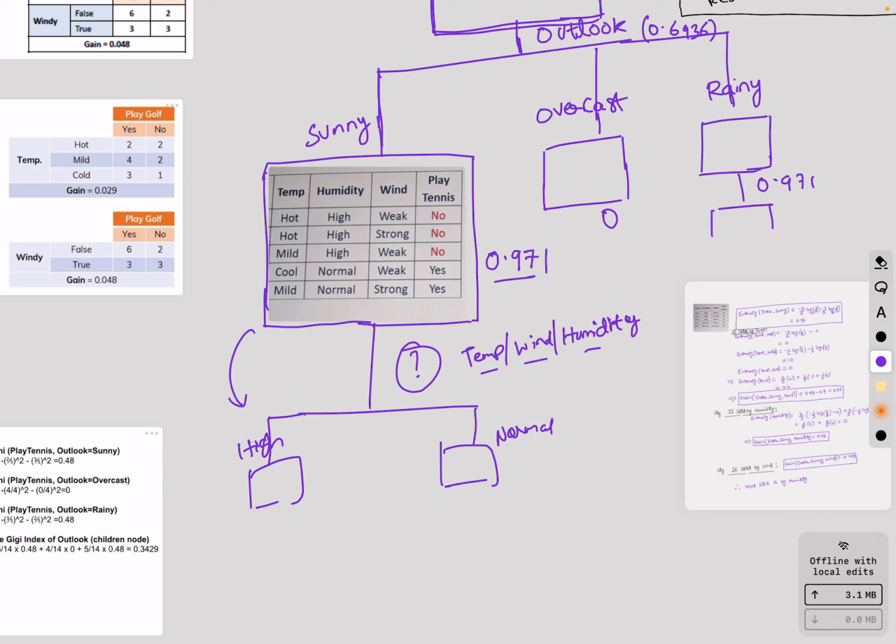The same process will be repeated again, and the entropy reduction will be found with respect to this data, and with respect to dividing the data based on humidity, temperature and windy. Whichever gives the highest reduction in uncertainty will be picked as the next split. That will be the next split over here.